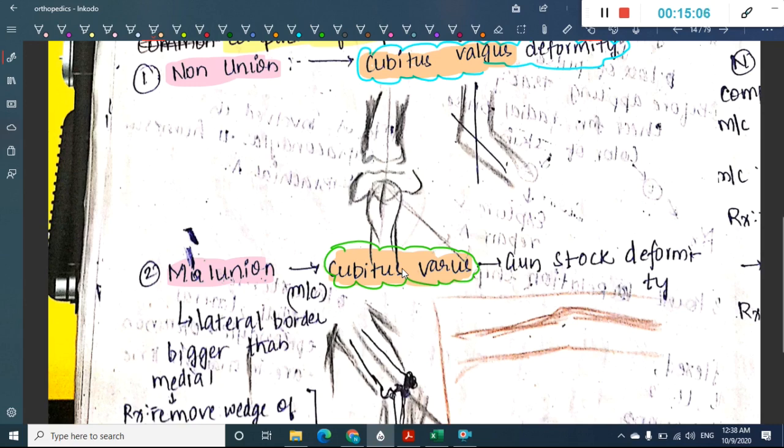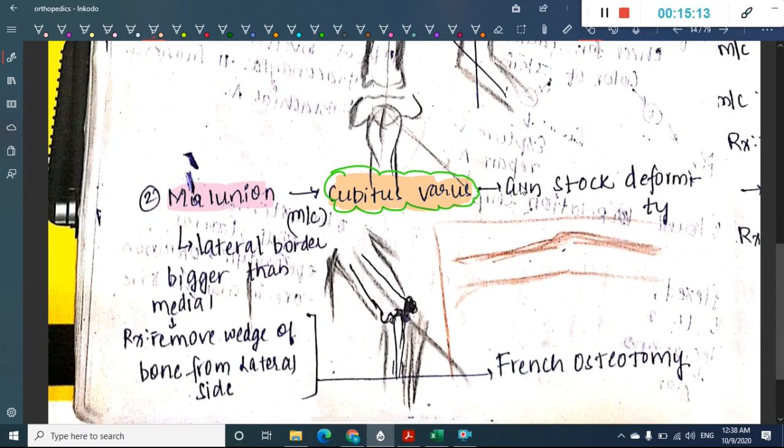If there is malunion, cubital varus deformity is seen. You should remember this very well. What is this cubital varus deformity called? We call it gunstock deformity, which occurs due to malunion of supracondylar fracture of humerus.